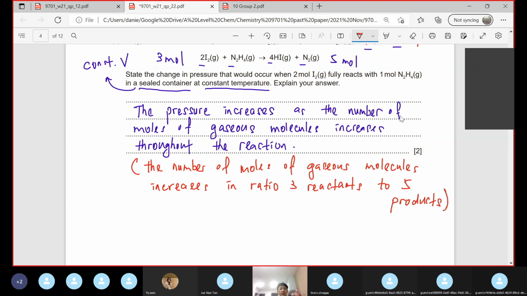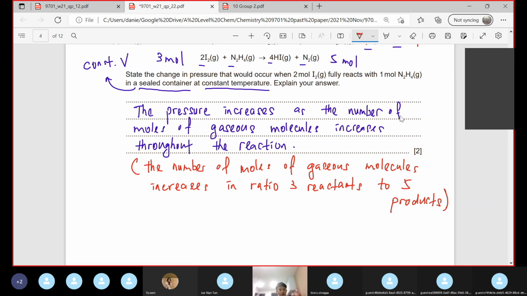So over here, you can write generally, as the mark scheme accepts it. It means you can just write down the number of moles of gaseous molecules increases throughout the reaction. No problem, you will also score the second mark. But if you want to write it more accurately, then you can write in ratio, how much reactants to how much product.